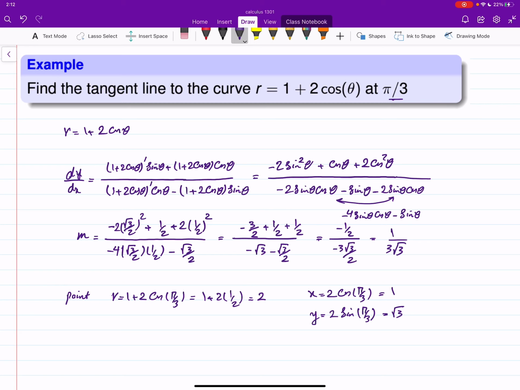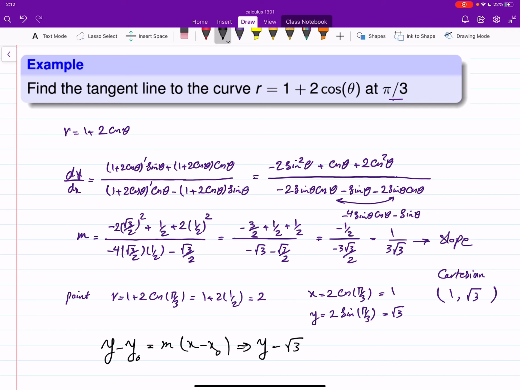So the point in Cartesian, that's very important because we are writing the tangent line in Cartesian, is (1, root 3). Slope is this. I can go ahead and write the equation for the tangent line. y minus y0 equals m times x minus x0, which gives me y minus root 3 equals 1 over 3 root 3 times x minus 1. That is the equation we have there.